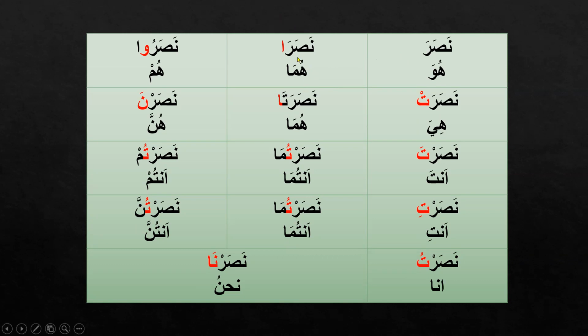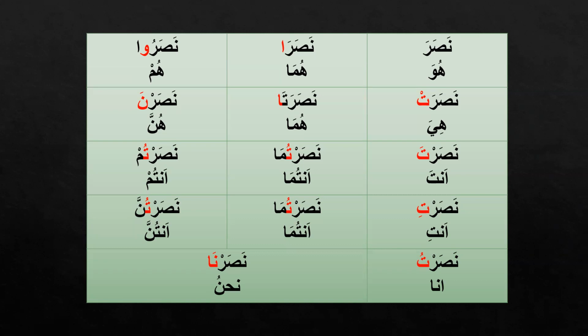Huma nasara. Just like you remember your ism chart, Muslimun, Muslimani, Muslimuna. It is just like that. In Muslimani also the alif was very important in the dual form. Just like that in the fi'l as well.